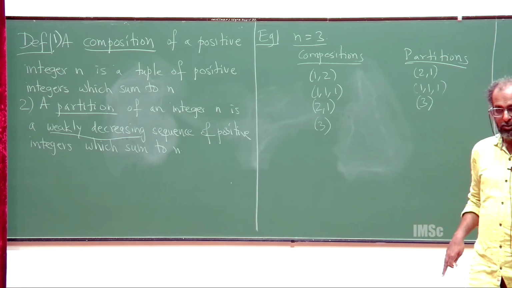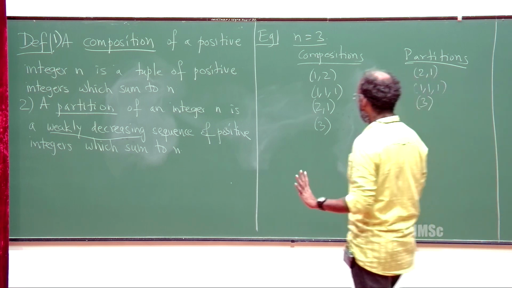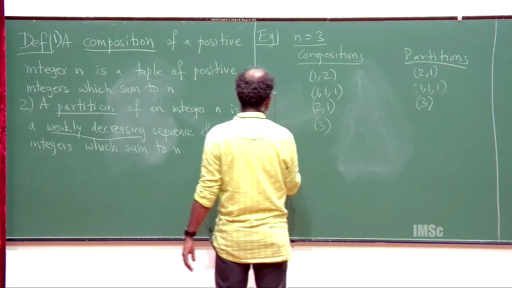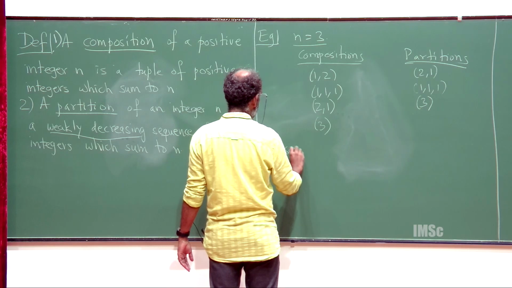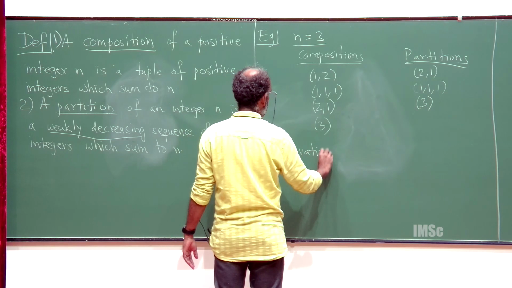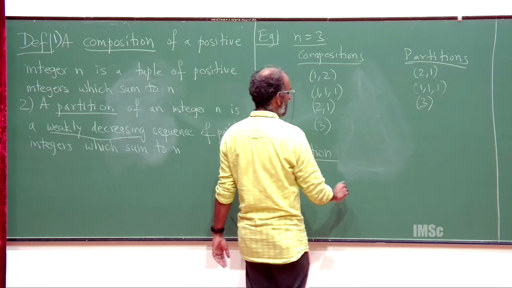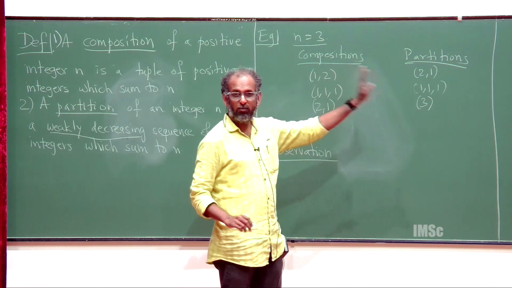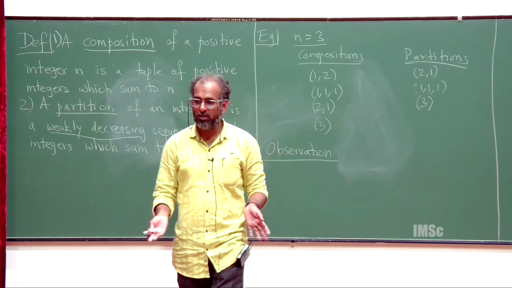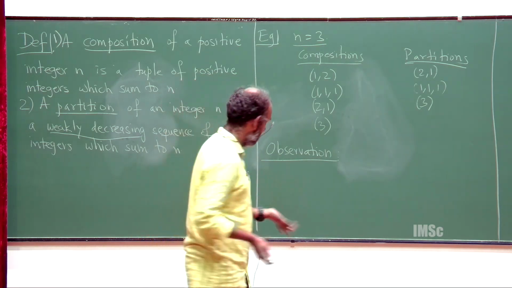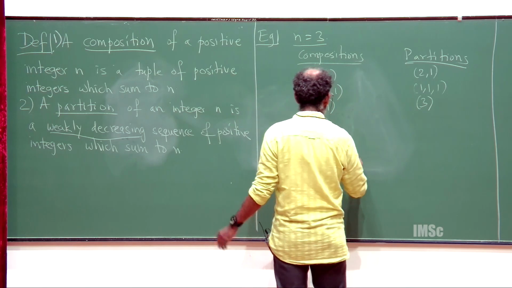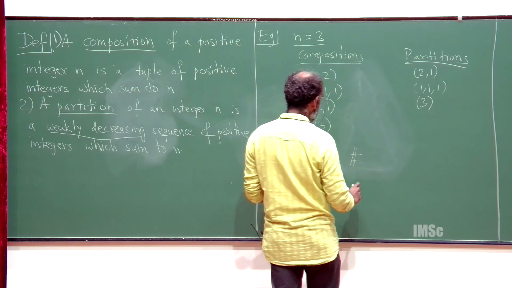So it's an easy observation, and I won't even bother proving it because it's easy. Observation: what can you say about the number of compositions of n and the number of partitions of n? How are they related? Right. You can say it in terms of subsets.